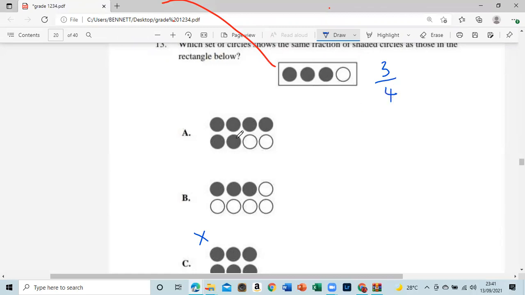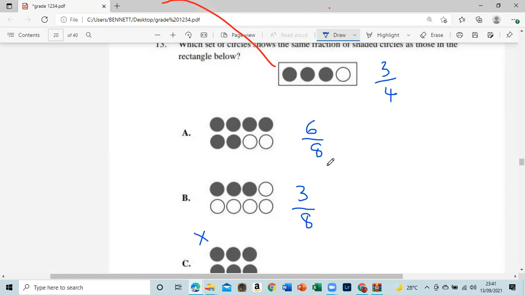All right, so let's look at this one now. 1, 2, 3. Let's see how many are shaded. 1, 2, 3, 4, 5, 6. Remember, I put how many are shaded first. So it's 6 out of 1, 2, 3, 4, 5, 6, 7, 8. So it's 6 out of 8.